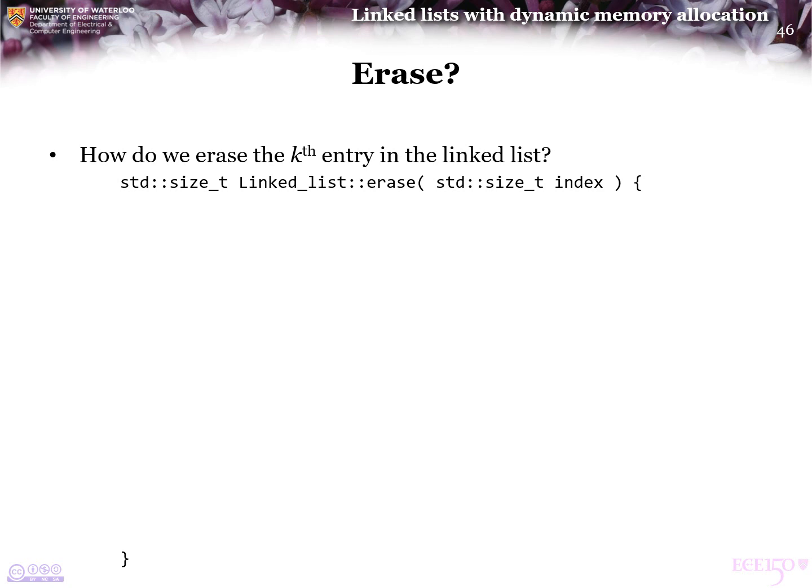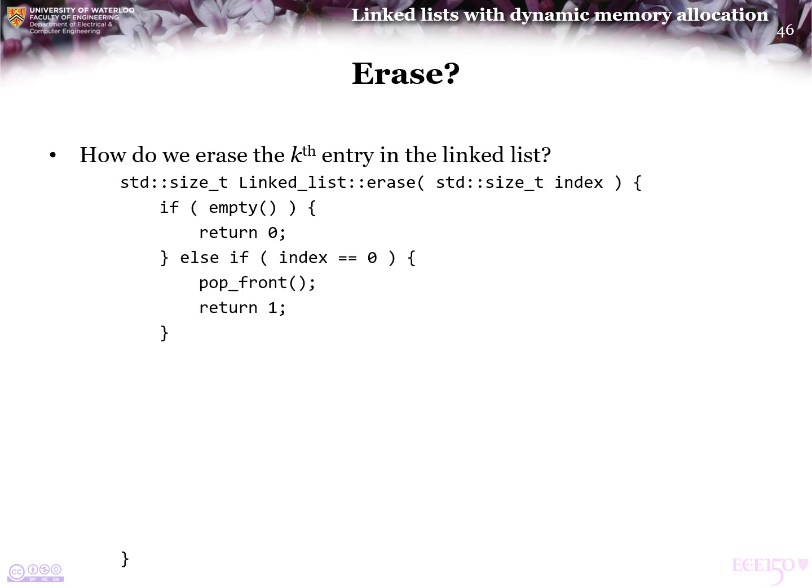So for example, if the linked list is empty, just return 0. There was nothing to erase. However, if the index is equal to 0, we already have a member function that erases the first node in a linked list, so we will just call popFront and return 1.